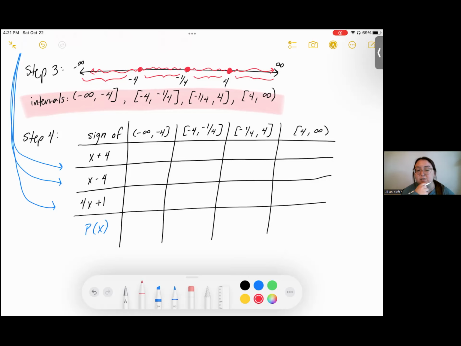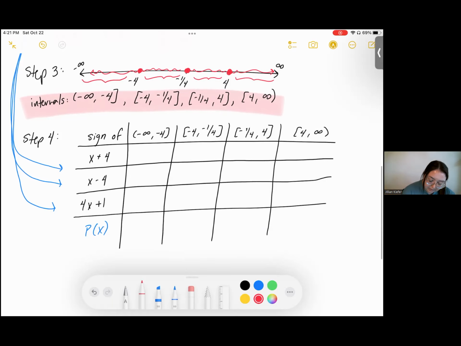So for the interval negative infinity to -4, I'm going to pick -5. It doesn't matter what point you pick as long as it exists in the interval. So I'm going to pick -5. Then for -4 to -1/4, trying to make it easy, I'm going to pick -1 as my test point.